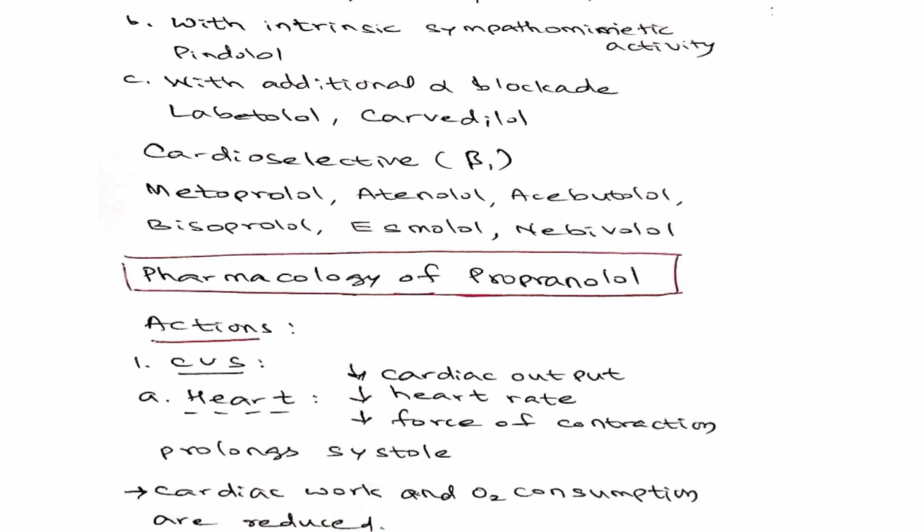Both systolic and diastolic blood pressure will be reduced. So this is the mechanism by which these beta blockers are used as antihypertensives.